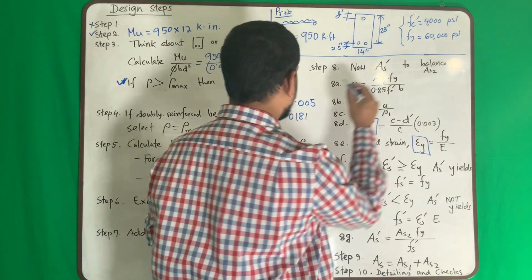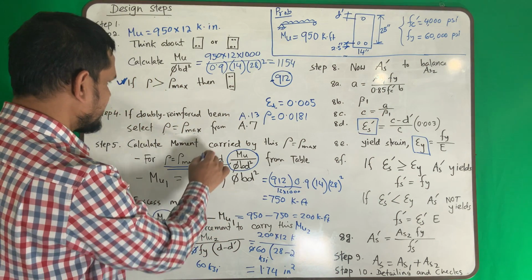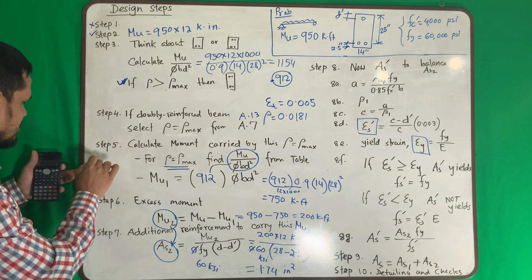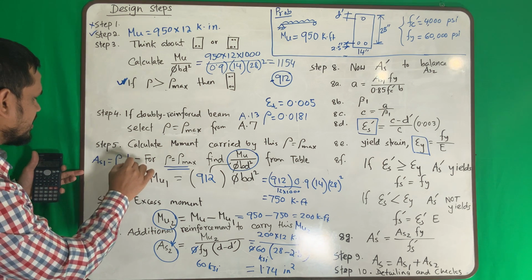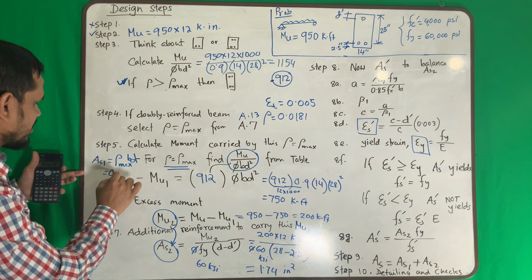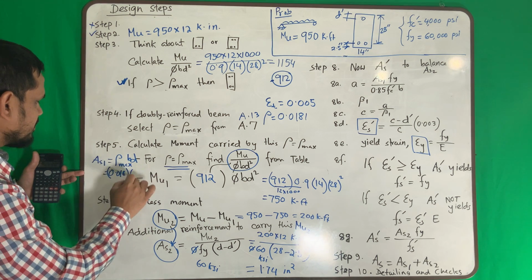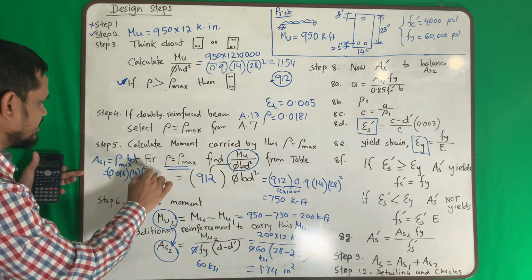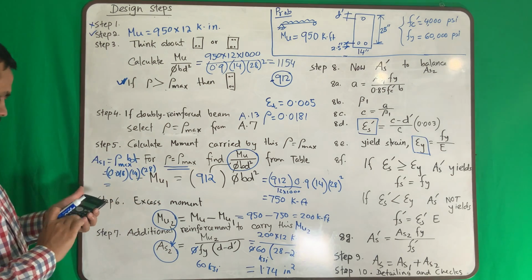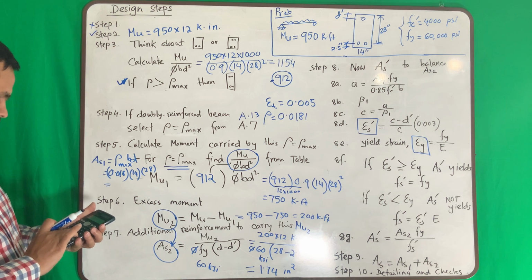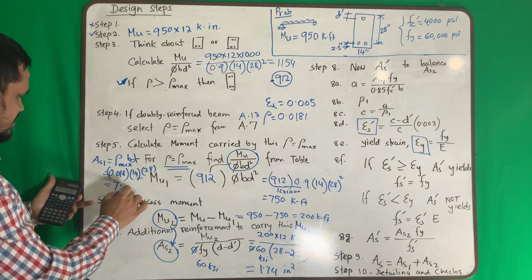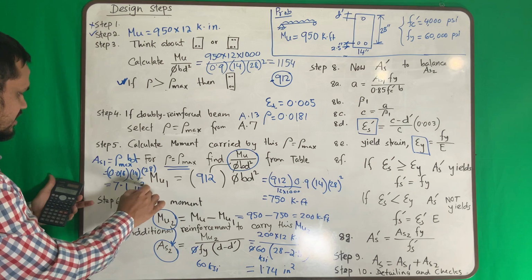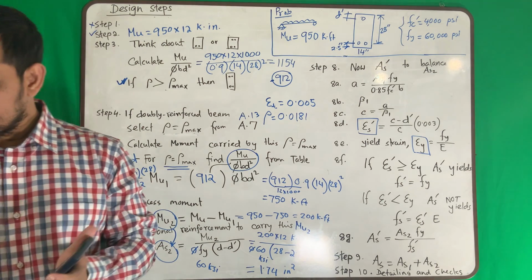So AS1 is rho max times B times D. So rho max is 0.0181. My B is 14. D is 28. So 0.0181 times 14 times 28. So 7.1 inch square.